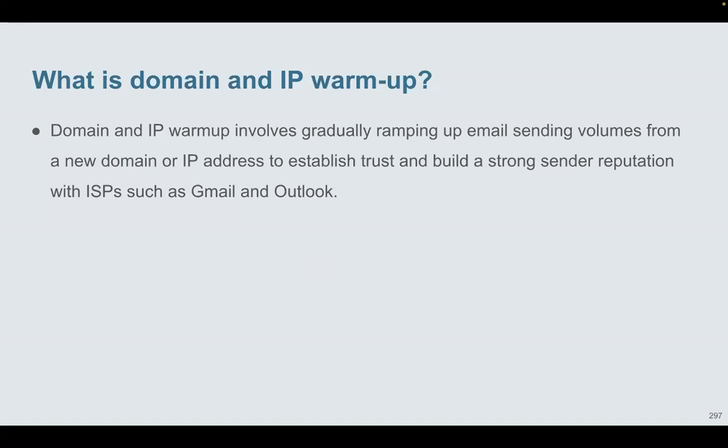So in order for you to not look like a spammer, you have to gradually ramp up the email volume, meaning when you're sending out email, you have to ramp up the sending volume in the initial days and weeks. Ideally, 6 weeks is what we recommend. That's a minimum. But the bare minimum is 2 weeks.